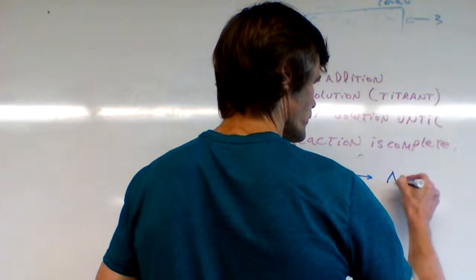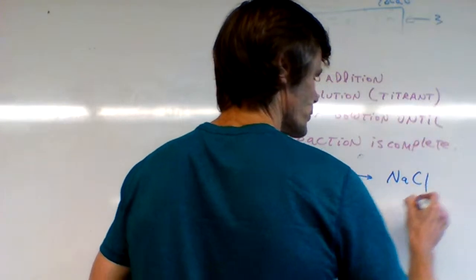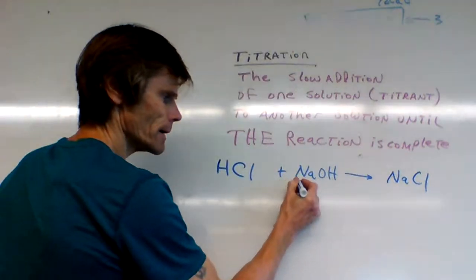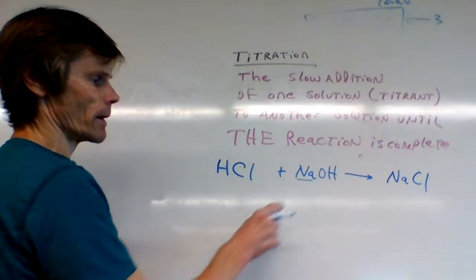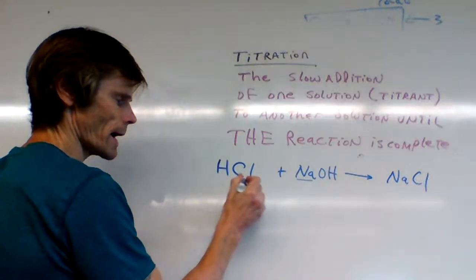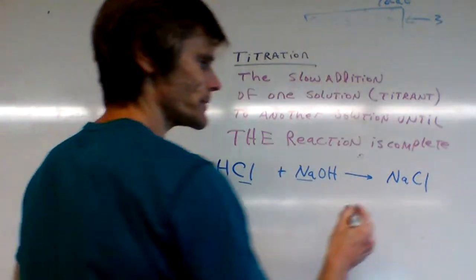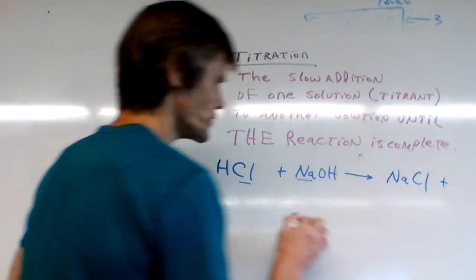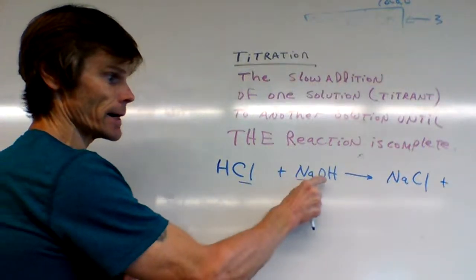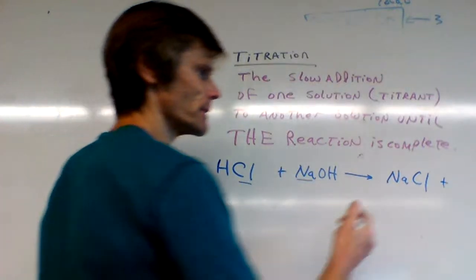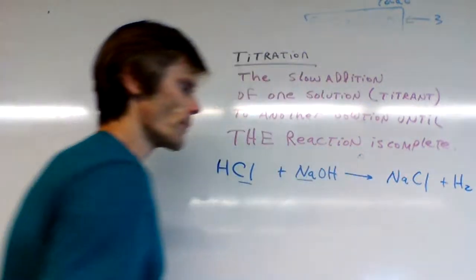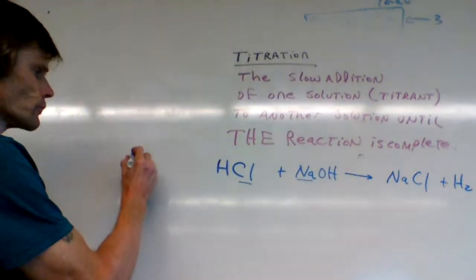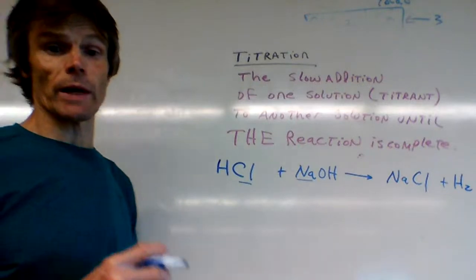In this case, the salt is sodium chloride, the sodium cation from our base and the chloride anion from our acid. What's remaining are hydrogen ions and hydroxide ions, and that's going to produce water. So this is an acid-base neutralization reaction.